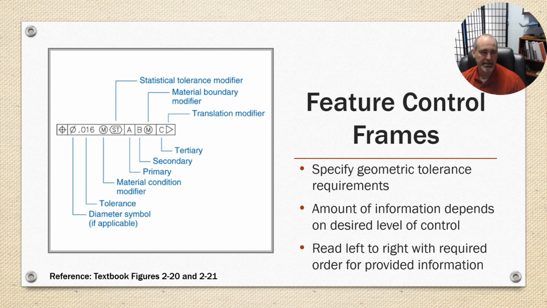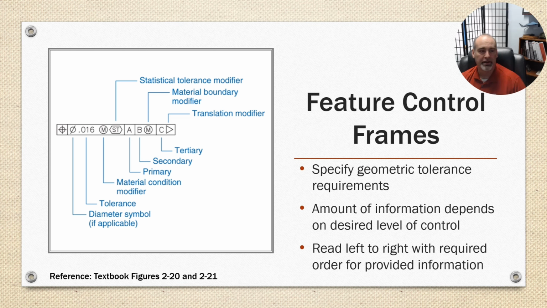And then the ST is a statistical tolerance modifier, typically affects assemblies. And then we have our datum. So they start with A, B, C, and you cannot repeat a datum within a drawing, so you can go all the way through the alphabet. Your primary is going to be the first one. Secondary is the second one called out.